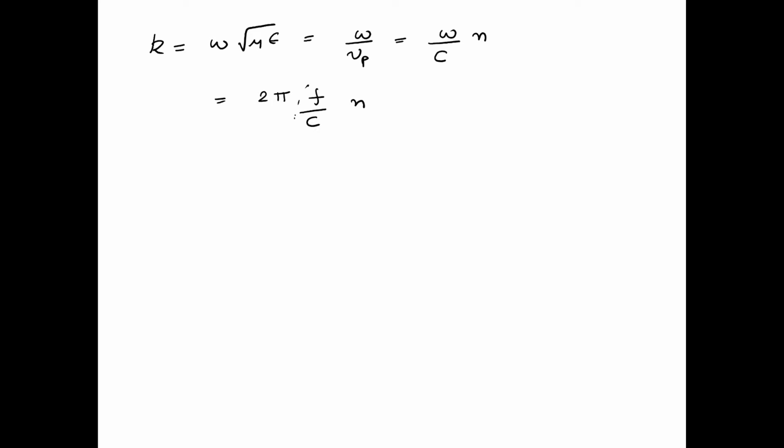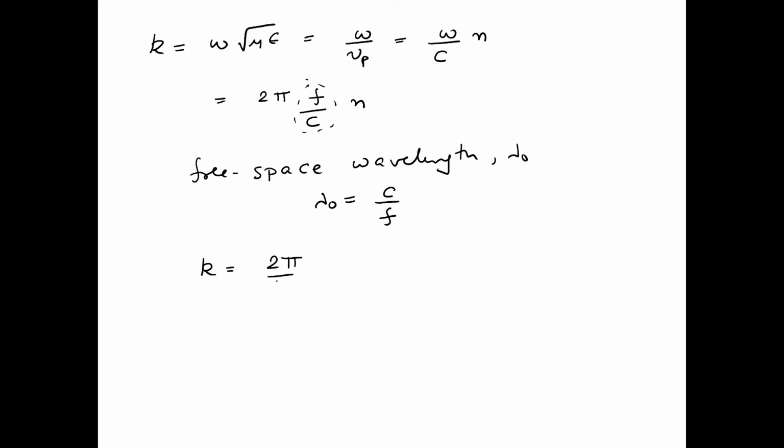And yesterday we had defined this term here as the free space wavelength, lambda naught, and free space wavelength was c by f. So my k now becomes 2 pi by lambda naught times n, and this term over here is what we had called yesterday the free space wave number.